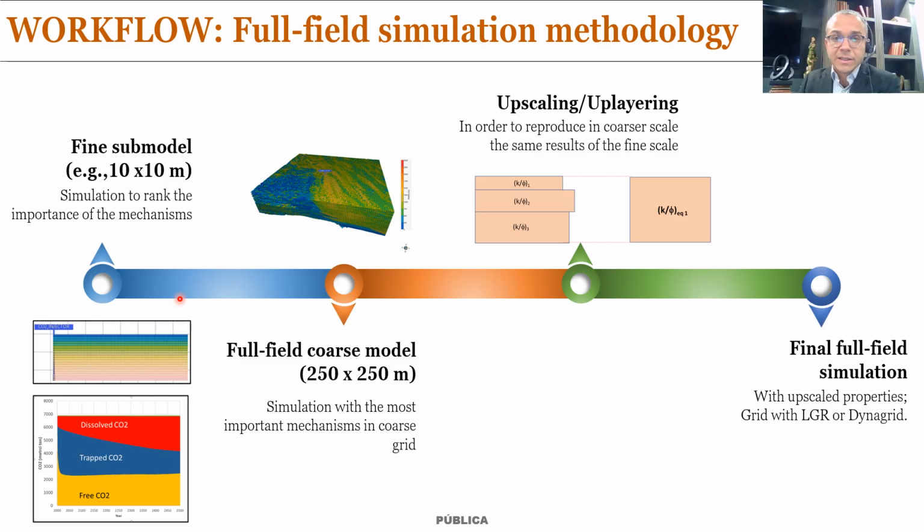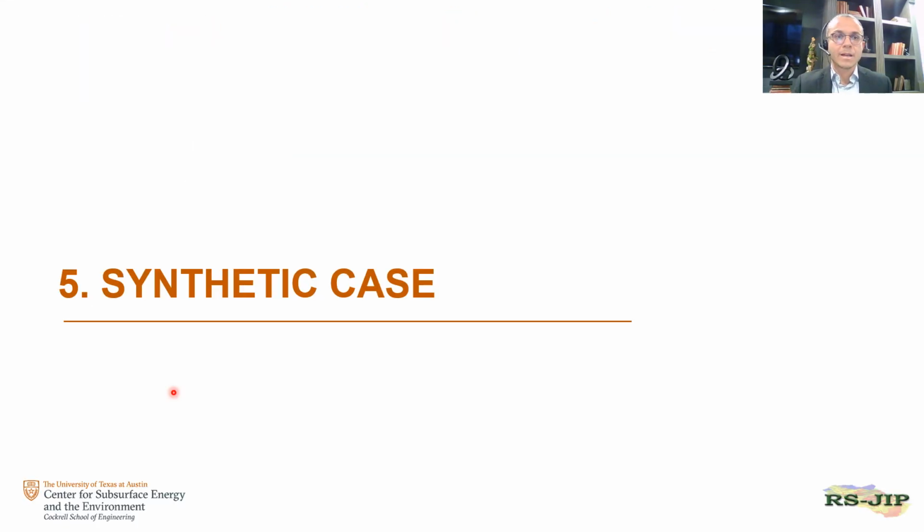Therefore, the final model combines selection of relevant mechanisms for full field simulation, numerical upscaling, single phase upscaling, and dynamic grid refinement. Let's look at some applications, starting with a synthetic case.